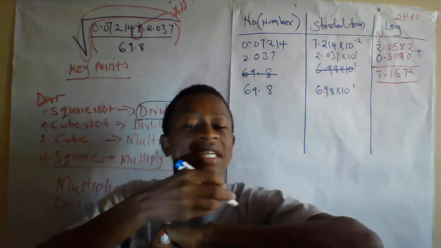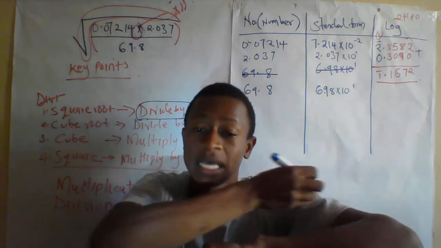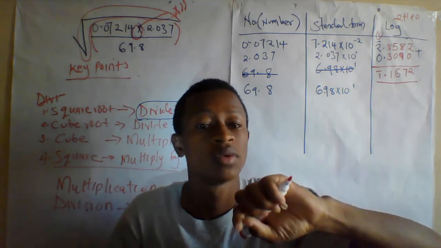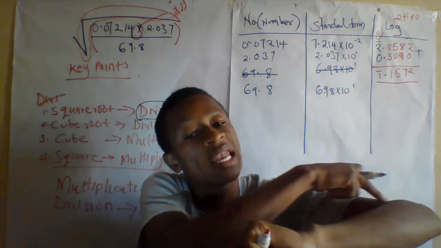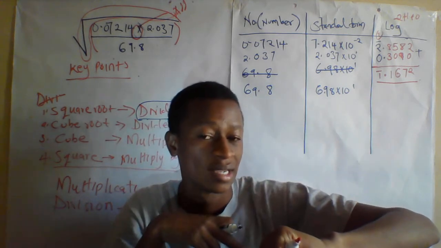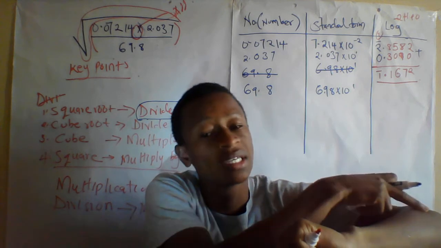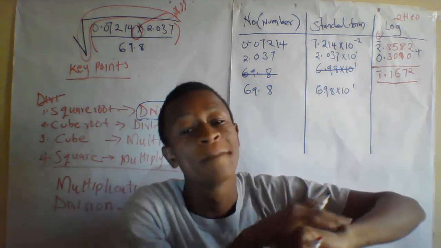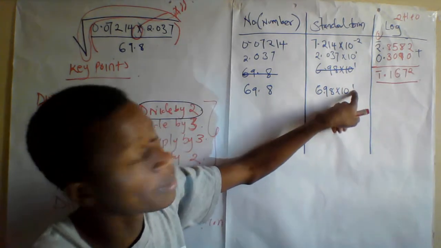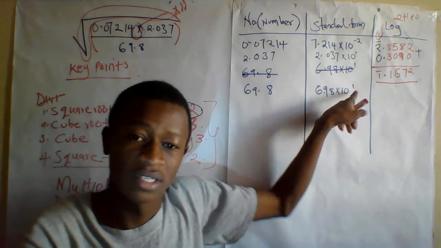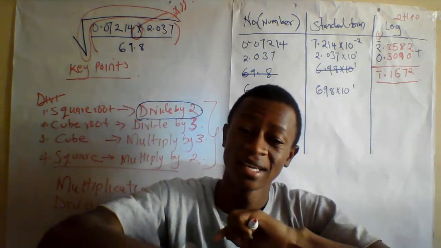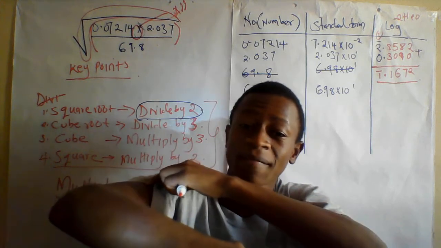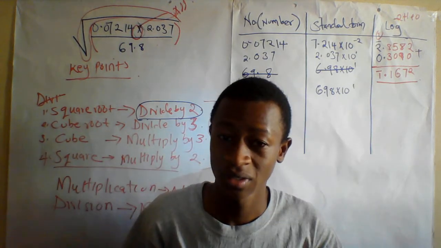So for your left hand side, when you are changing your point to the standard form, and you start going to the left side, left side means your standard form will be positive. The power above here will be positive. If you are going to the right hand side, it is negative.